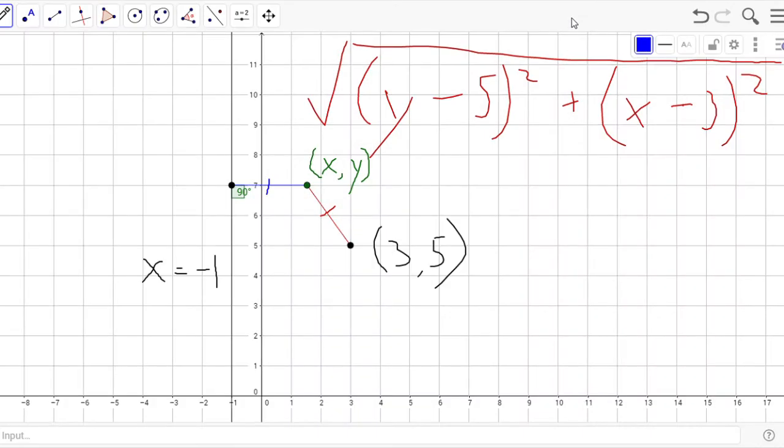For the blue segment, it's much more simple. The distance between our point and this line, since this needs to be perpendicular, is simply going to be the x coordinate of our point minus the equation of our line, which is -1, or, put more simply, x + 1.